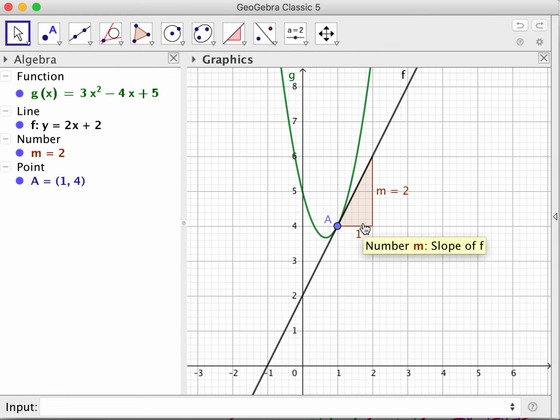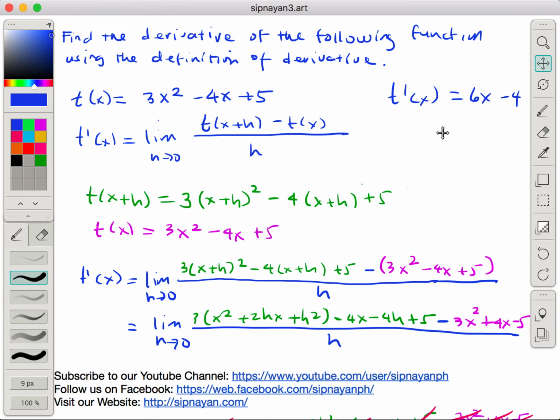But the meaning of 6x minus 4 is this is its slope. It means it is not constant, as we said in the previous video. It depends on where it is.